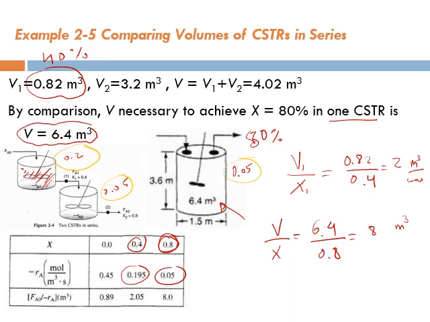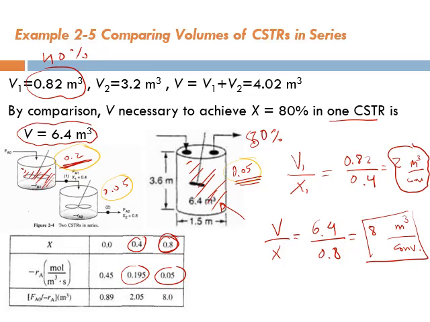Okay, so because the first reactor in the reactors in series is operating at high rate of reaction, you require less volume per conversion compared to the single CSTR, where the rate of reaction is very slow, and therefore you will require more volume per conversion, around 4 times more.